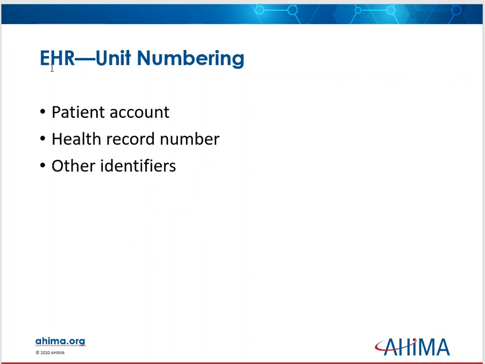In the electronic health record, you've got unit numbering, where you've got one unique health record number for each patient, and you can have various patient counts. So for every visit, you can have a unique visit number or a date of service, but it's all under one medical record number.